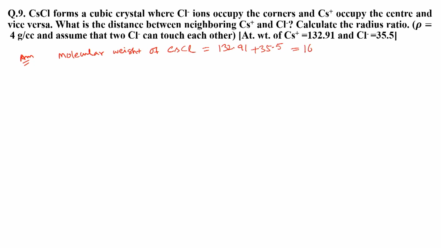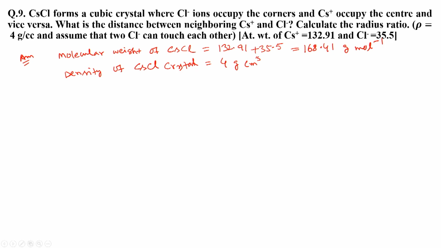So we get 168.41 grams per mole. Okay, so the density of the CsCl crystal is given, right? Crystal is 4 gram per centimeter cube.